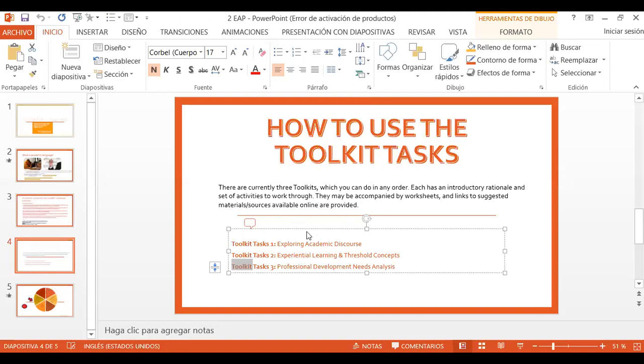Esta actividad es muy bonita, una práctica de algunas actividades relacionadas con el primer tema, Exploring Academic Discourse, Spiritual Learning, Concept. Es un libro, ¿ya? Que vamos a analizar, este Toolkit Class.